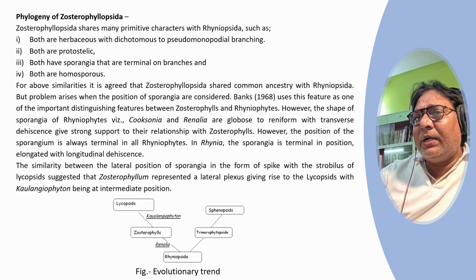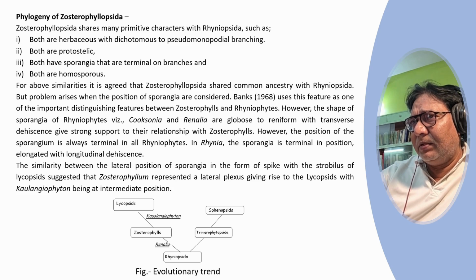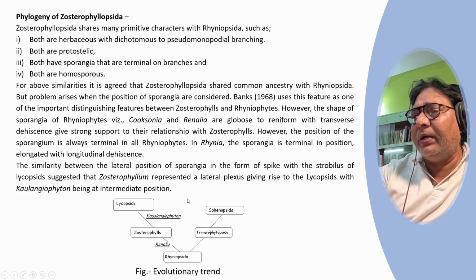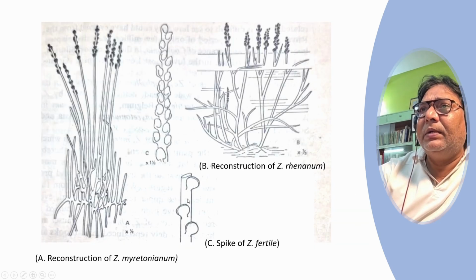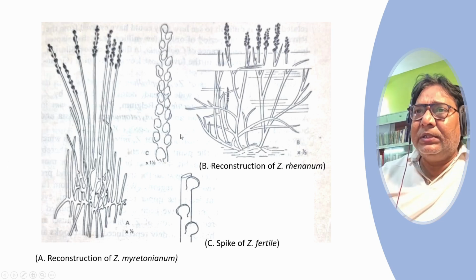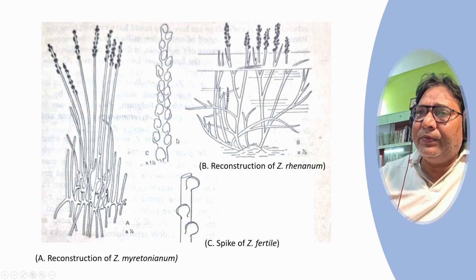Can you recall the strobilus of Lycopodium and Selaginella? They are very similar to this one, except that they have a leaf-like structure below, which is called the sporophyll.